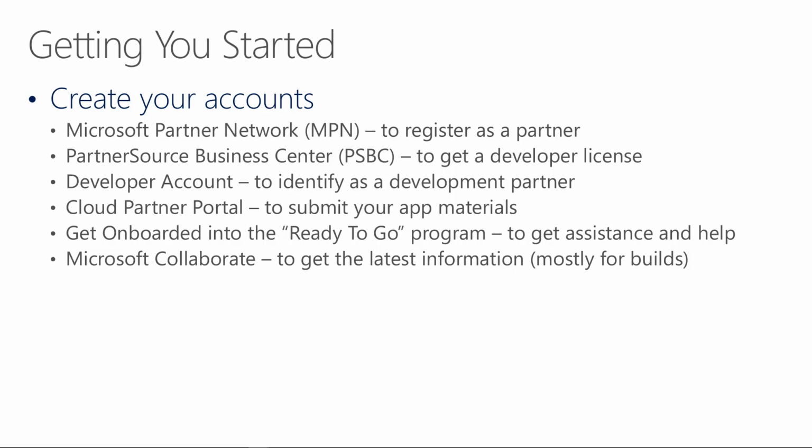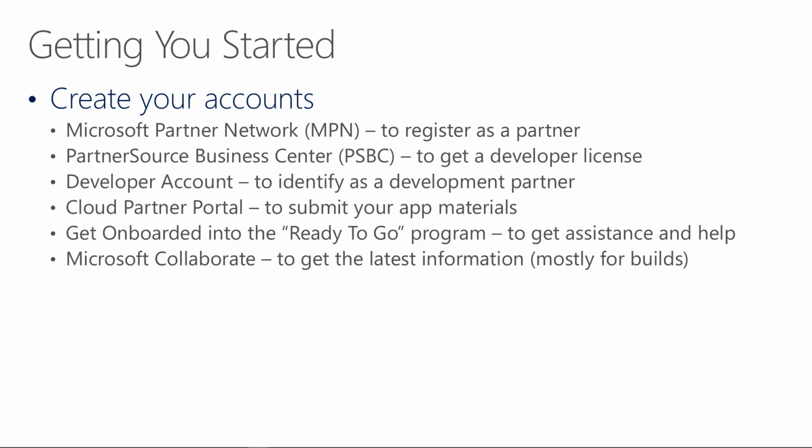So first, you create a Microsoft Partner Network account, which registers you as a partner. The next step is to create a PartnerSource Business Center, a PSBC account. This is important to get a developer license.